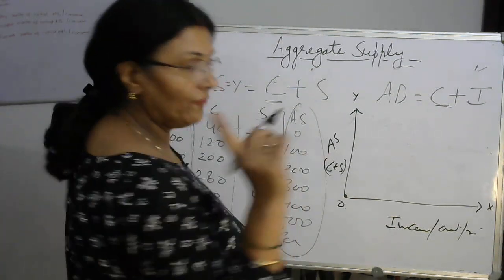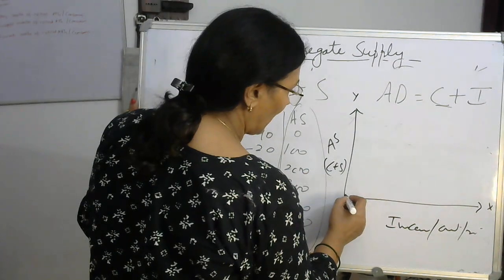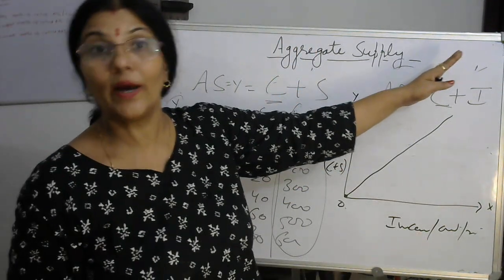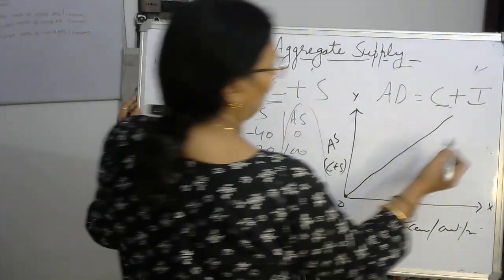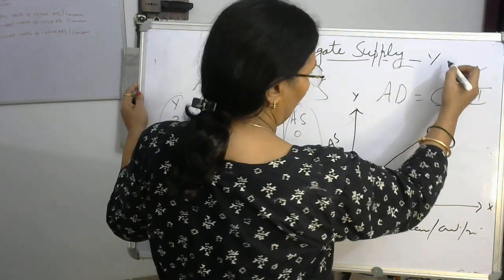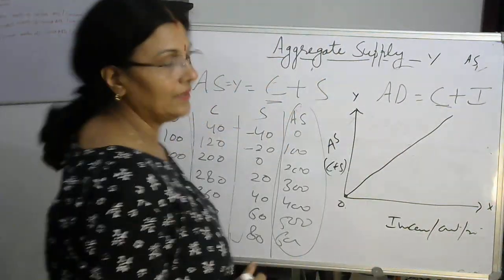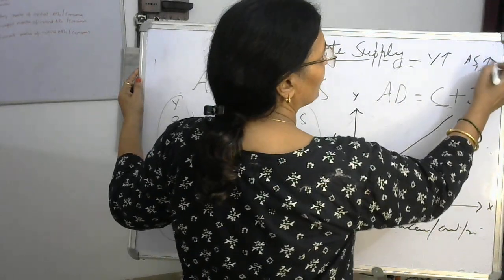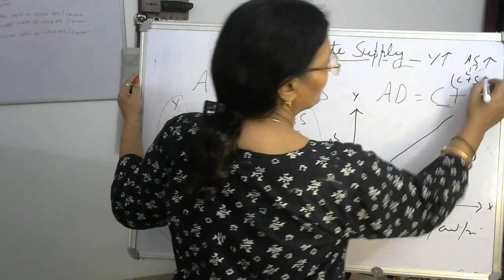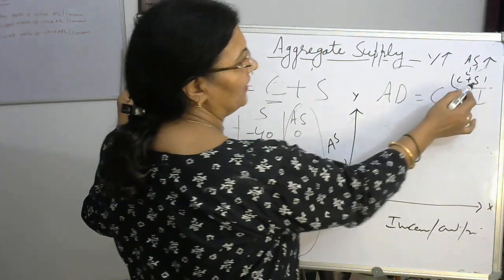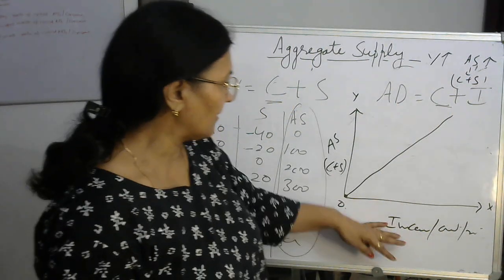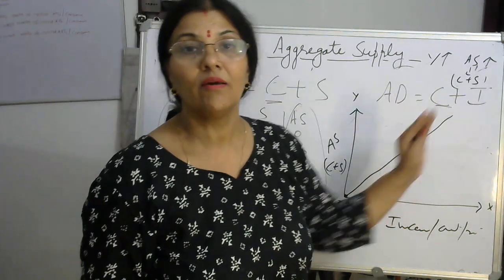Understood? Second feature of AS: it is moving up, positively sloped. Why is it moving up? Because we have a direct relationship between income and AS. If income increases, AS also increases, because AS is C plus S. If income is increasing, consumption will increase, saving will increase, and AS will also increase.